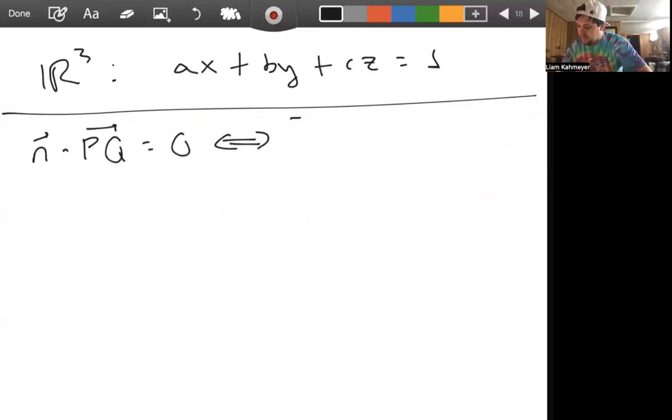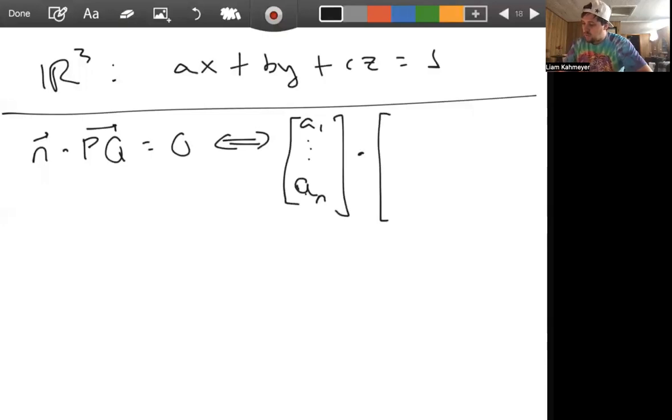This is A1 through AN, and we're taking the dot product of this with PQ, which was X1 minus P1 through Xn minus Pn, and necessarily this is 0.